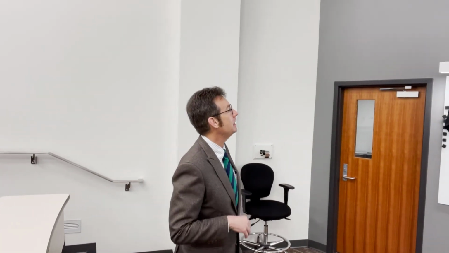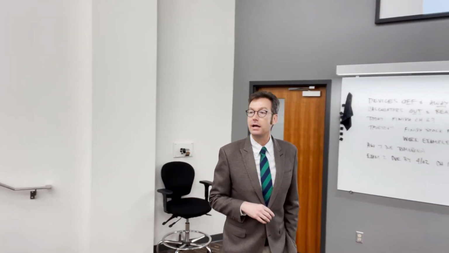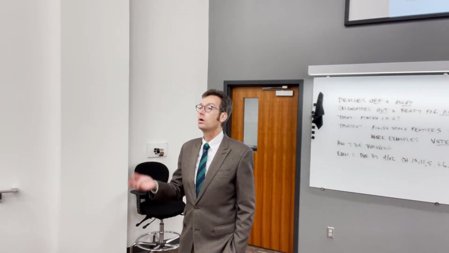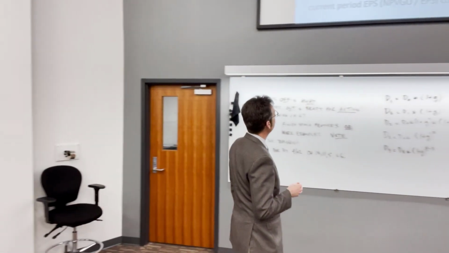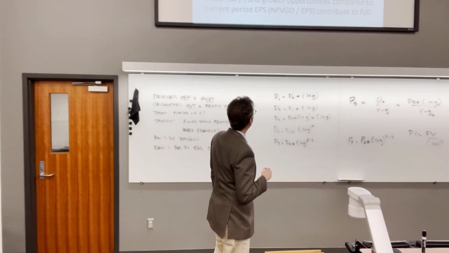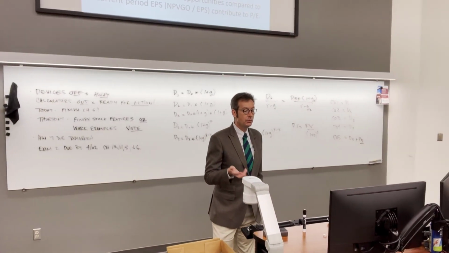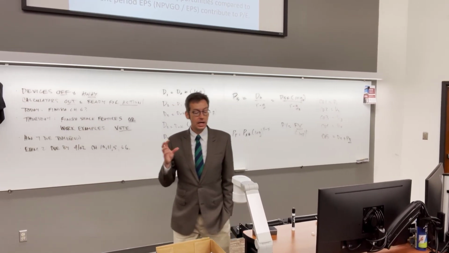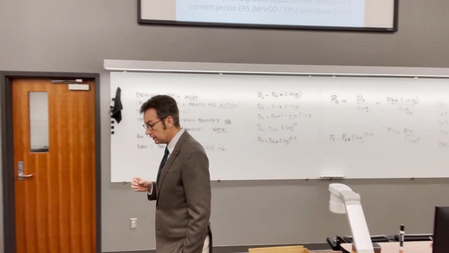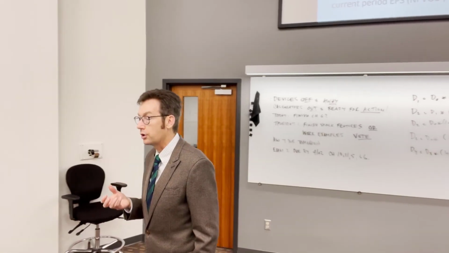And if I take EPS divided by R, and divide by EPS, I'm left with 1 over R. And then, at the end, I'm going to have NPVGO divided by EPS. And so now we can think about how these different things are impacting the PE ratio and what's driving it up and down. So R, if R is greater, all else equal, what is happening to the PE ratio?